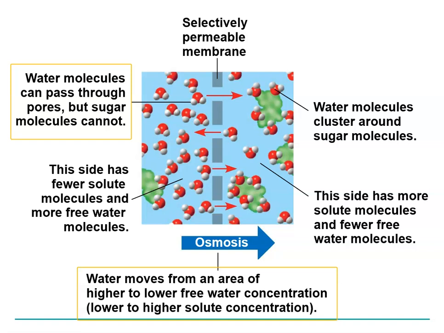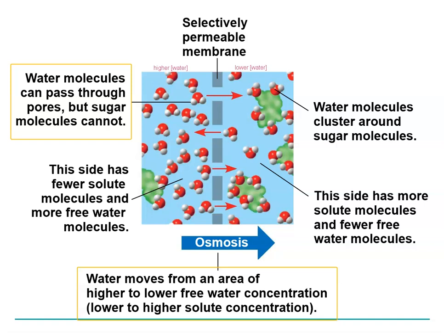So on the left, you'd say there's a higher concentration of water compared to the right side, where there'd be a lower concentration of water. So the water goes from high to low based on its own concentration.